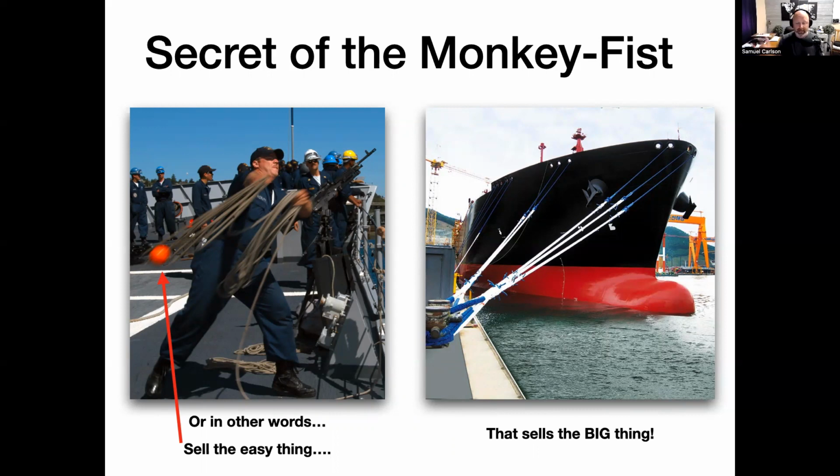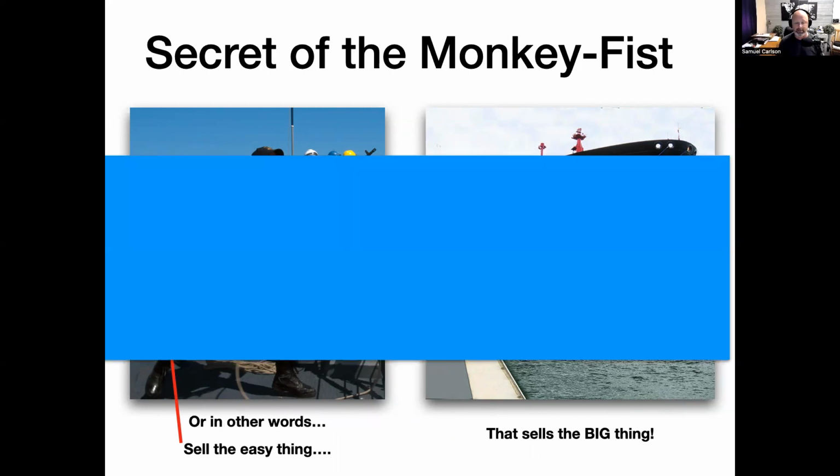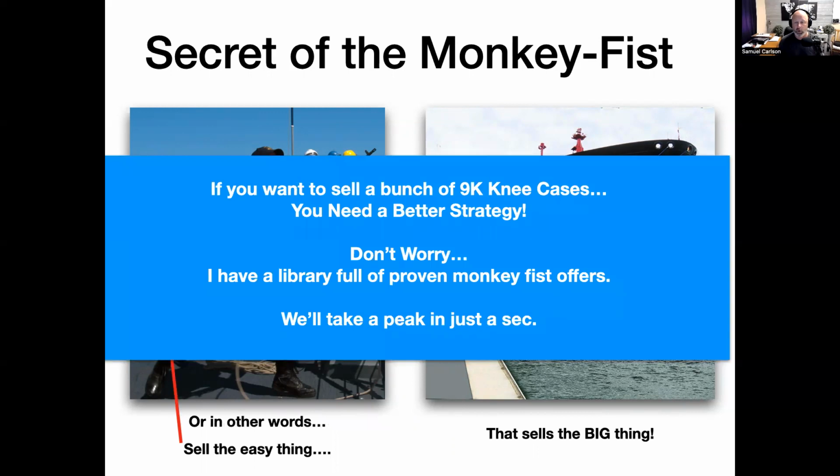So if you're trying to sell a huge stem cell case, these 9,000 amazing huge knee cases, you're not just going to go out and find people off the street and say, hey, stem cell therapy, let's rock and roll. Maybe 5 years ago, 4 years ago, when nobody knew about stem cell therapy. But now that everybody knows and everybody offers it, you're hosed. You need a better strategy.